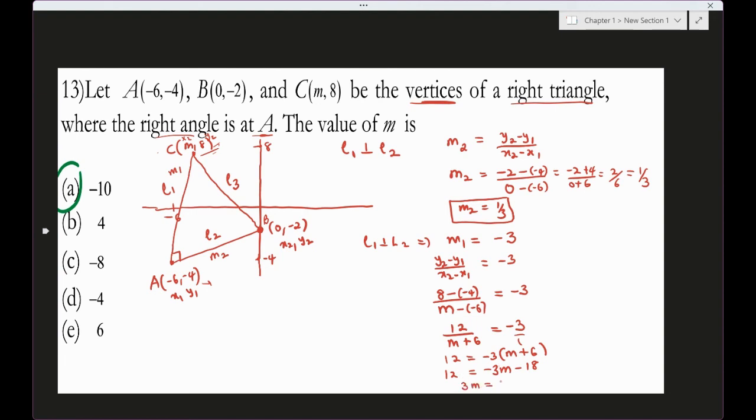We can take -3m to this side, so you have 3m, and you have -18 minus 12. So it's completed here, which means 3m is equal to -30. So m is equal to -10. Okay, and that is the answer.